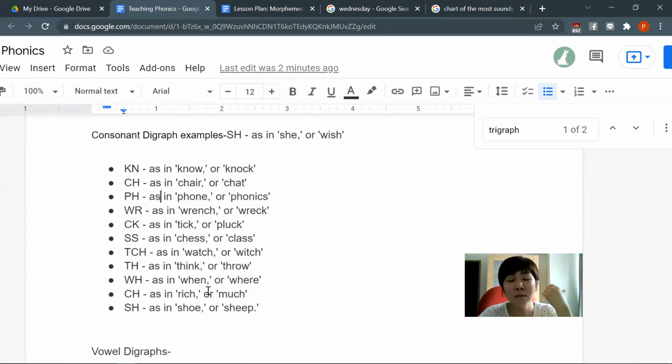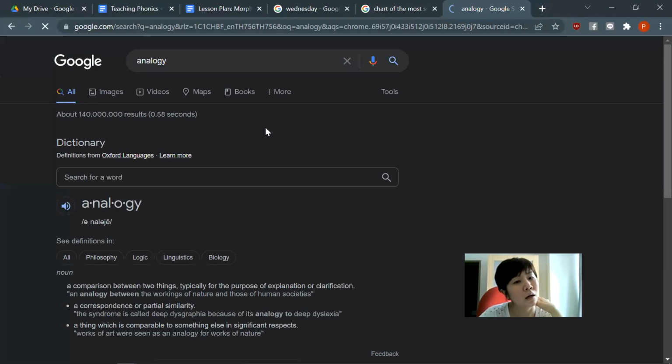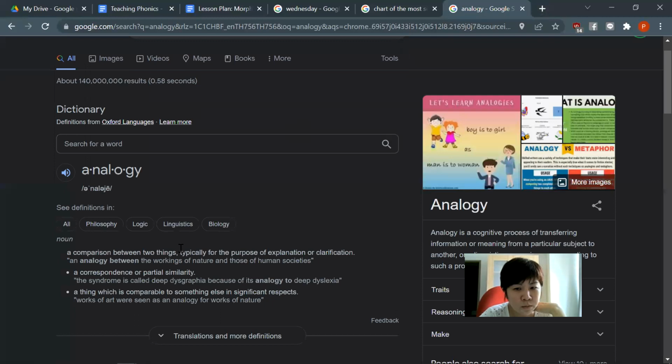How do we know that's a metaphor or that's an analogy? Analogy means using something common to explain something, yeah, not common to that person. I don't know. Let me check on that and I'll get back to you by the next lesson. Yeah, comparison between two things. So analogy is when you have one thing and then you explain it using another thing.